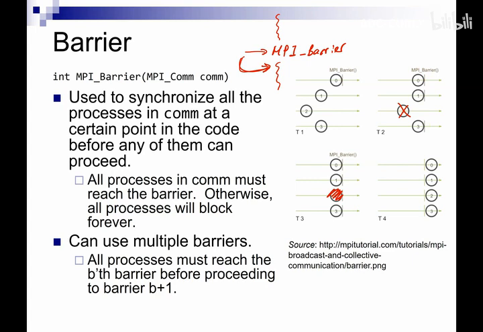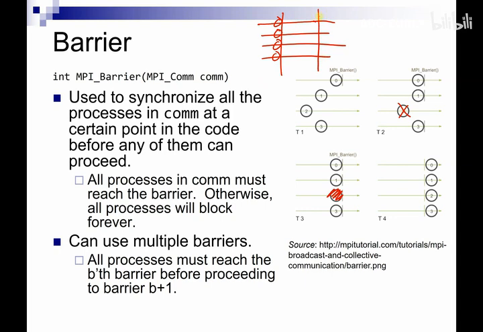Another thing is that you can actually use multiple barriers. The way you can do that is, let's draw this timeline over here. Suppose you have a barrier over here. That means that you're going to wait until all of the processes hit this barrier before you go on past the barrier. Now, after the first barrier, you could have another barrier.